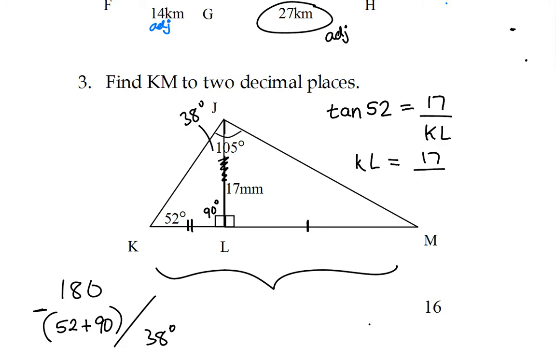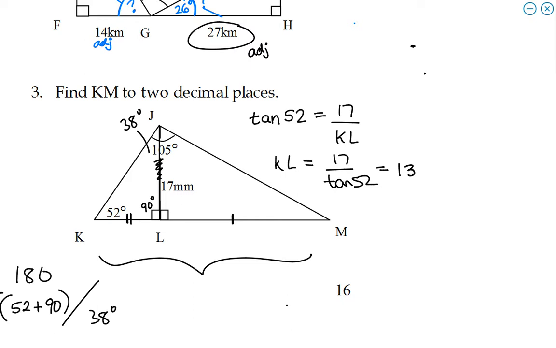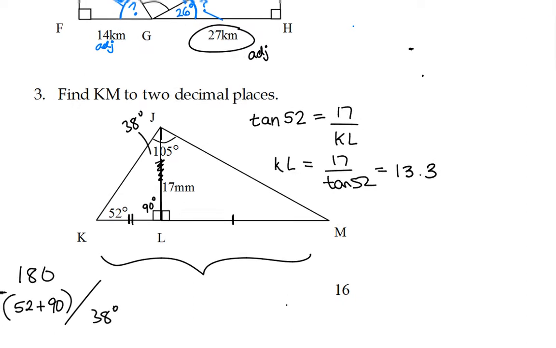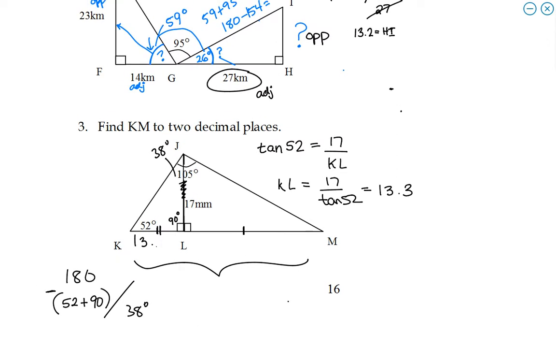KL would be 17 over tan 52. Yes, you can do that, yep, as long as you get the same answer. Okay, once you have 13.3 down here, you can move to the other triangle.